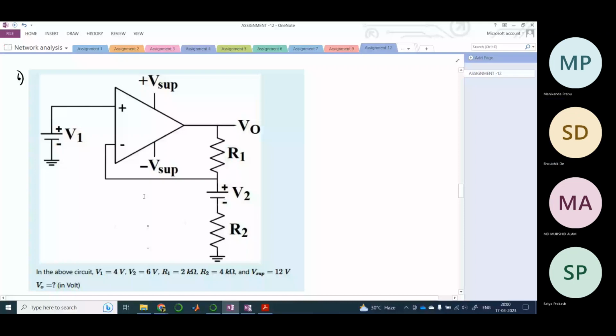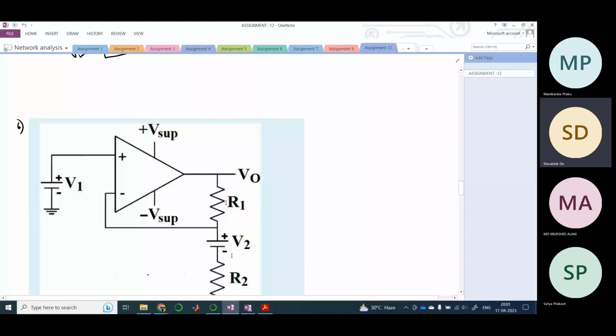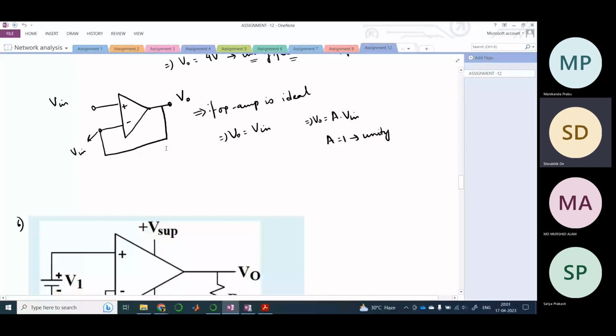Here, in this circuit, this is V1. This circuit is the same as the previous circuit, only that all of these resistances and this voltage source are there, but otherwise it is nearly the same.